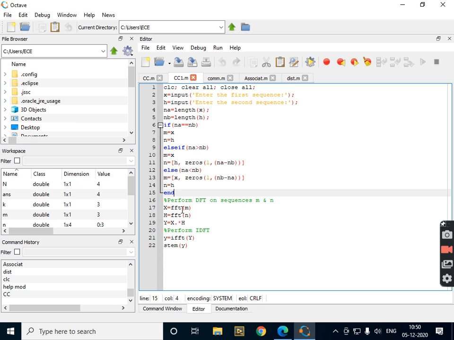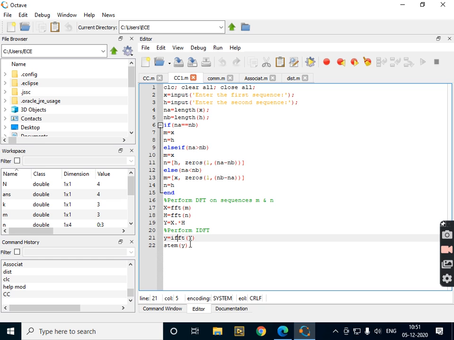In line number 17, we'll calculate the n point DFT of m. m is nothing but the first sequence itself if the length of both the sequences are same. So X equals FFT of m. This will calculate the n point DFT of the first sequence. H will calculate the n point DFT of the second sequence. Then we'll multiply those together, and take the IDFT by using the IFFT function available in Octave.